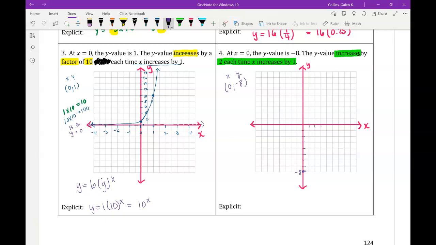So 1, 2, 3, 4, 5, 6, 7. I just label the 8s. All right, so I'm increasing by 2 as x increases by 1. Y increases by 2, x increases by 1.